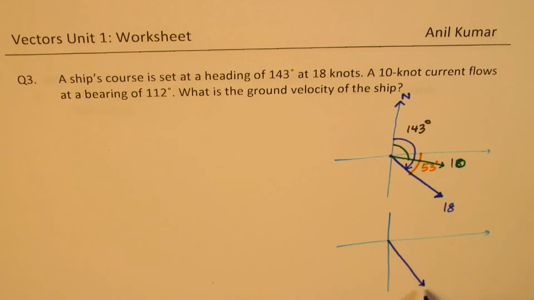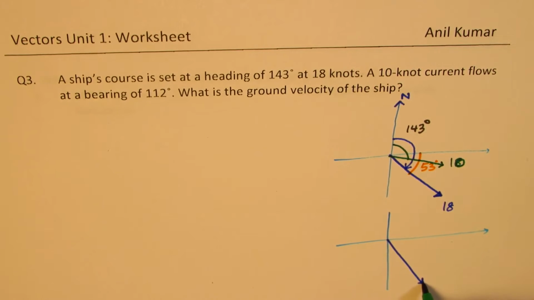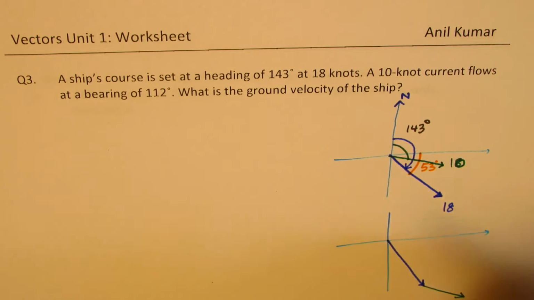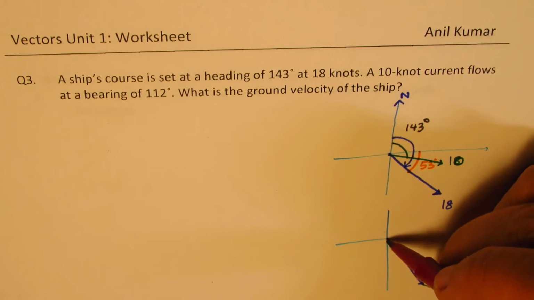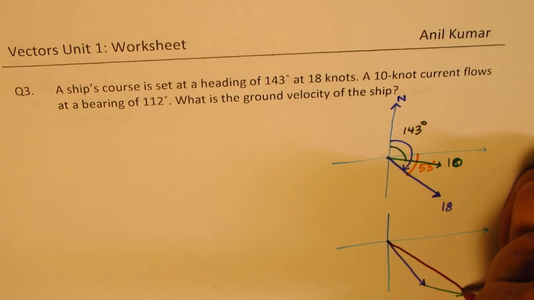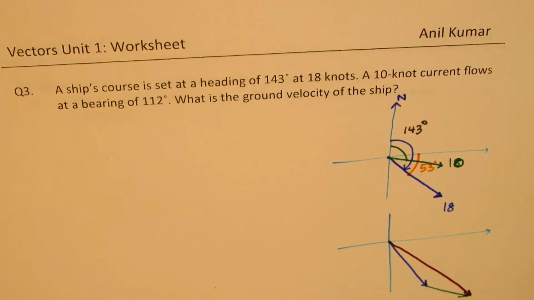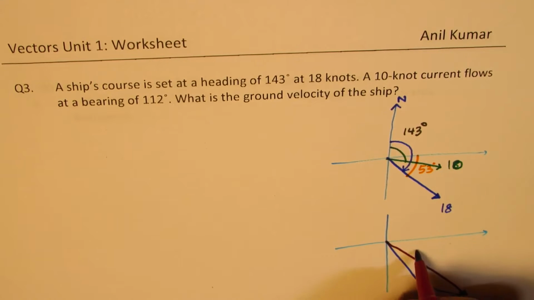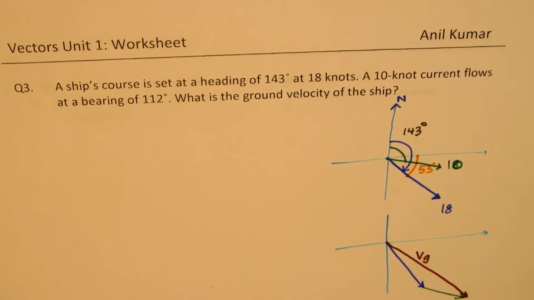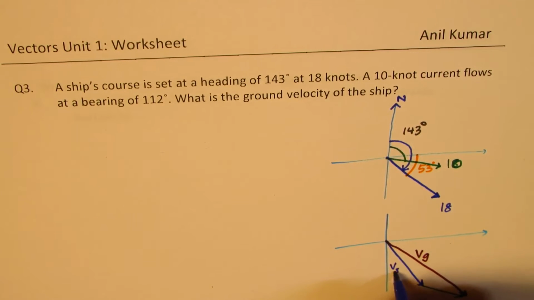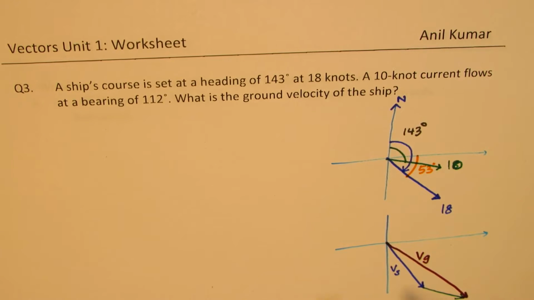So this is that component. We'll add this to the head, and there it goes. Correct. The resultant, of course, will be from the origin to this point, right? So we are making a free sketch here, and that is how you could do it in your test paper also, right? So that represents the ground velocity. We'll call this our ground velocity Vg. Correct? Now Vs, the ship, and that becomes our wind velocity.